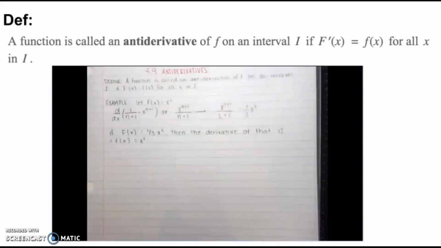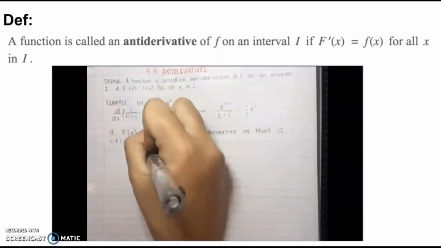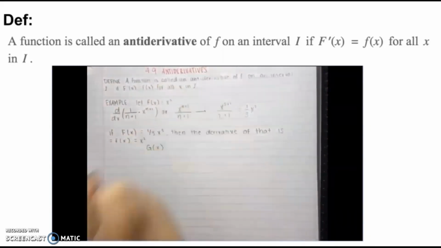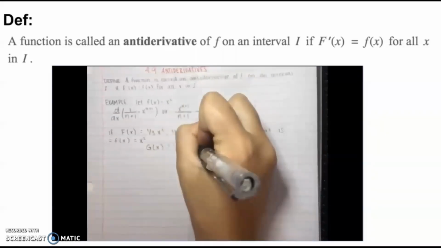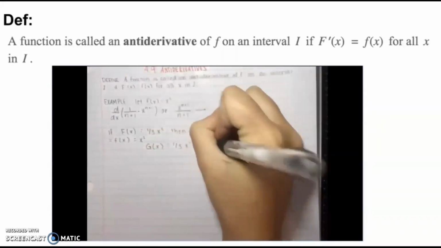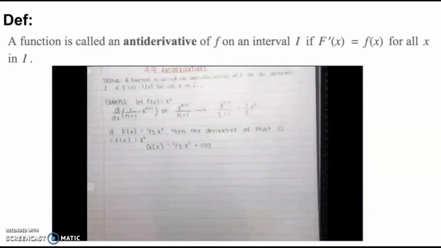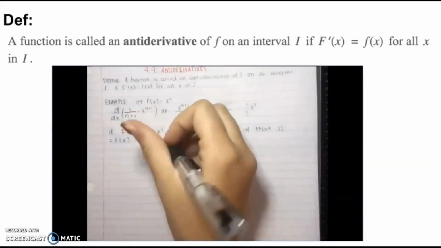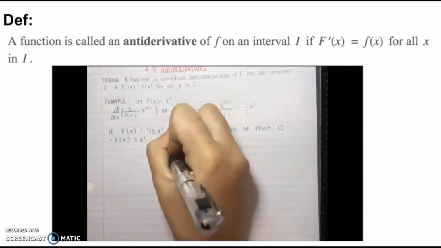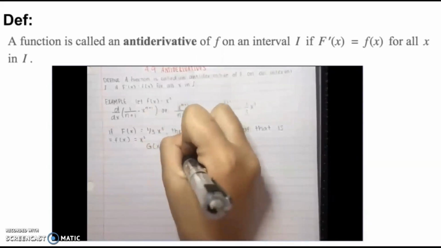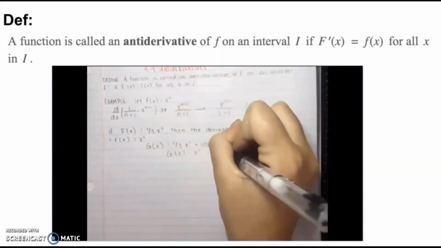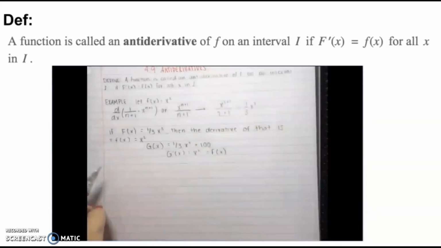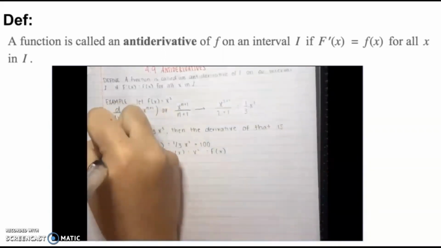But we also have to realize that there can be a function, say g of x, that can be 1/3 x cubed plus something, say 100. That also satisfies the antiderivative, so that we could say g prime of x equals x squared, which equals f of x. So both capital F of x and g of x satisfy f of x.